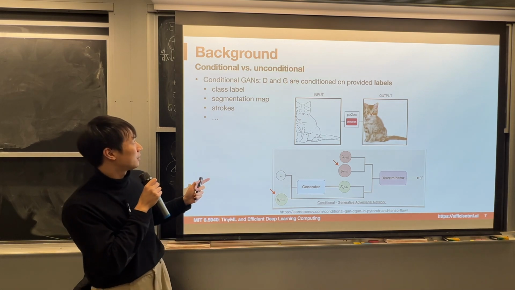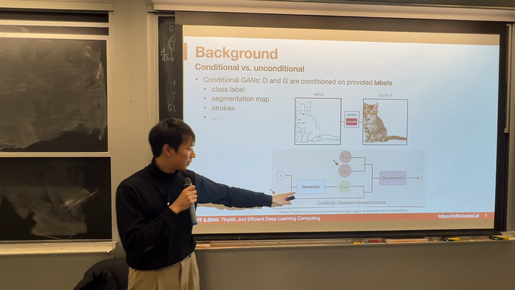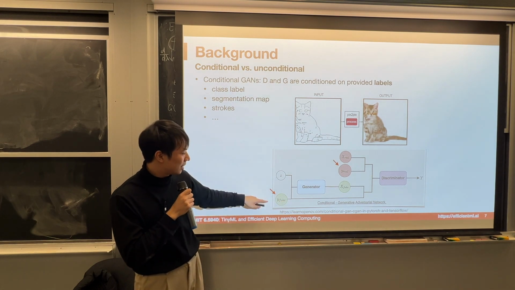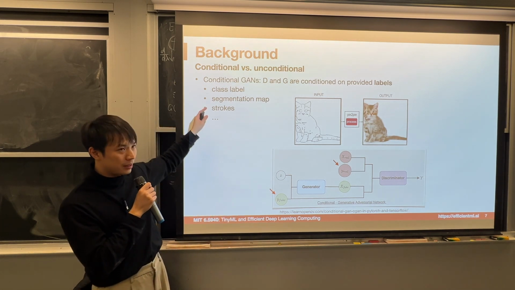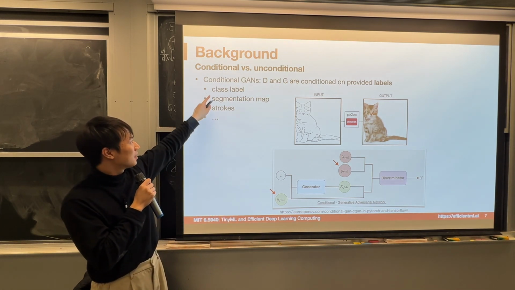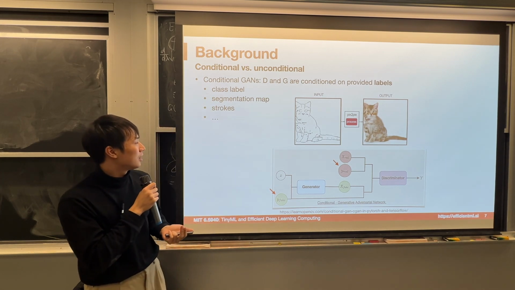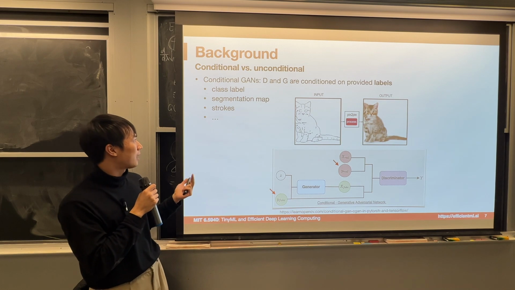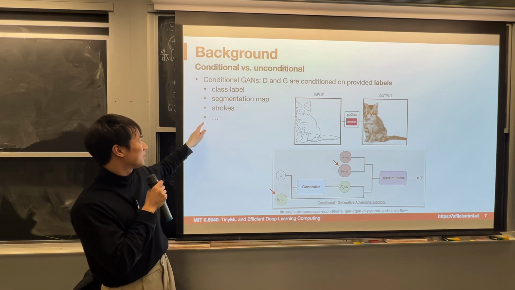On the other hand, there are also conditional GANs. By conditional, it means that the generator and also the discriminator will take some conditioning apart from the noise. The conditioning can be of various types. For example, if you're training on ImageNet, it could be just class labels, or it could be a segmentation mask or segmentation map. In other cases, it could be a stroke.